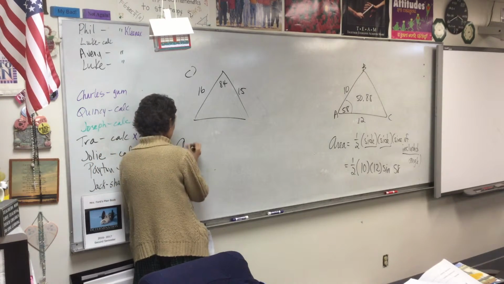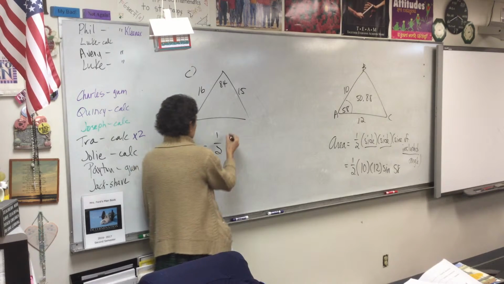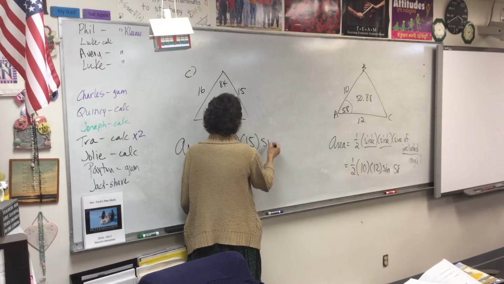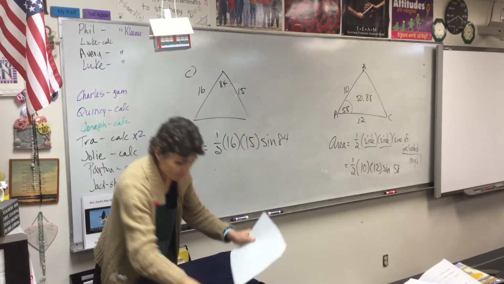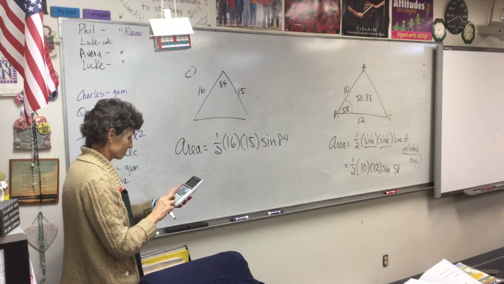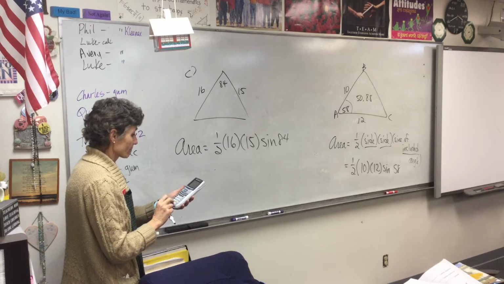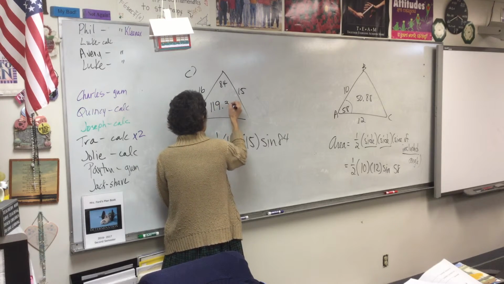So area will be what? 1/2 times 16 times 15 times sine 84. No work, nothing to figure out, just type it in. And I got 119.34.